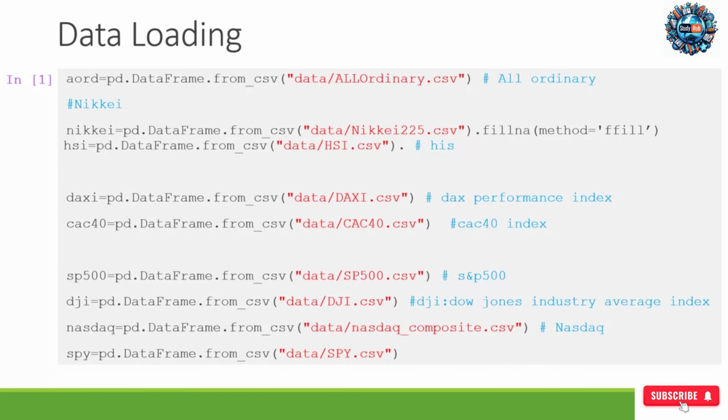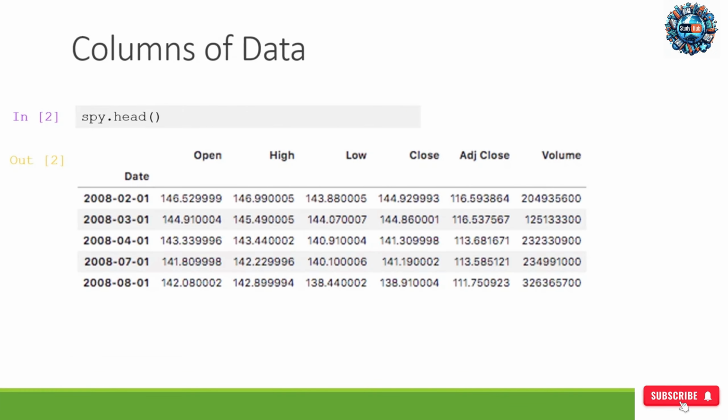We use read CSV in pandas to read the CSV files of all indices and SPY into data frames. All datasets have 6 columns. Open is the price at the beginning. High, low are the highest and lowest prices on that day. Close is the price at the closure.